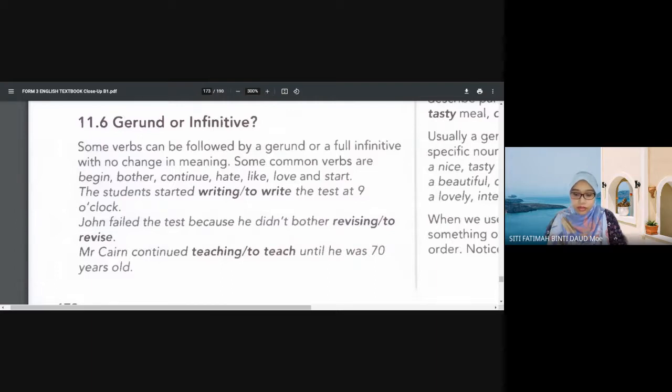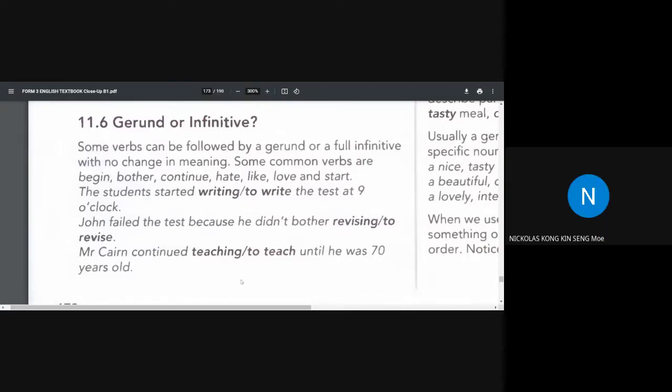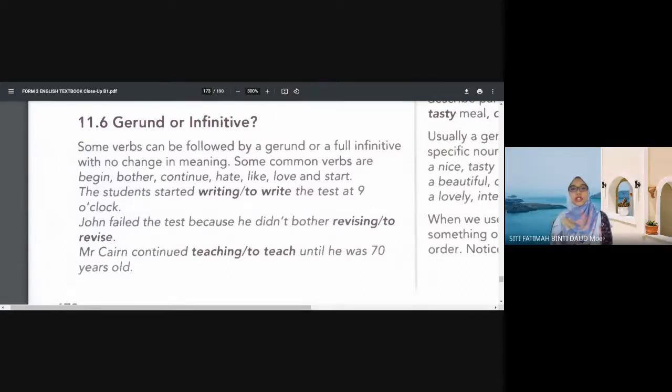He didn't bother to revise. Okay. Mr. Kane continued teaching or to teach until he was 70 years old. Teaching. Mr. Kane continued teaching until he was 70 years old.